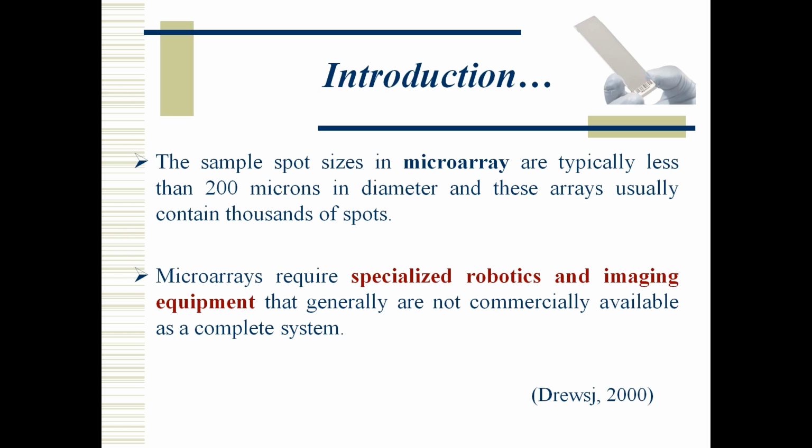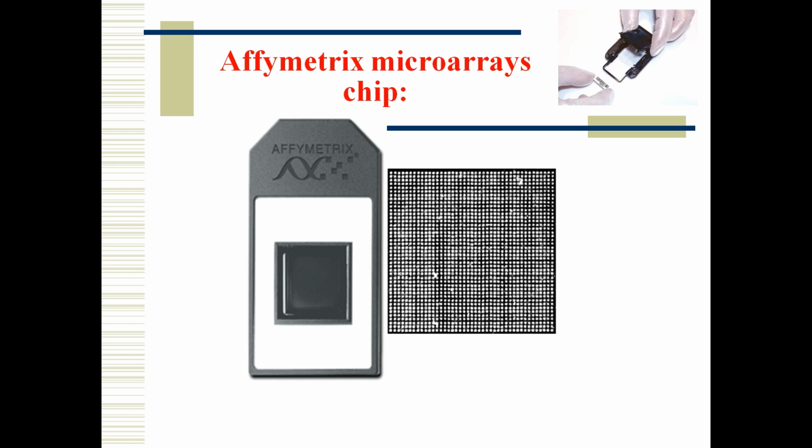The sample spot sizes of microarrays are typically less than 200 microns in diameter, and these arrays usually contain thousands of spots. Microarrays require specialized robotics and imaging equipment that generally are not commercially available as a complete system.